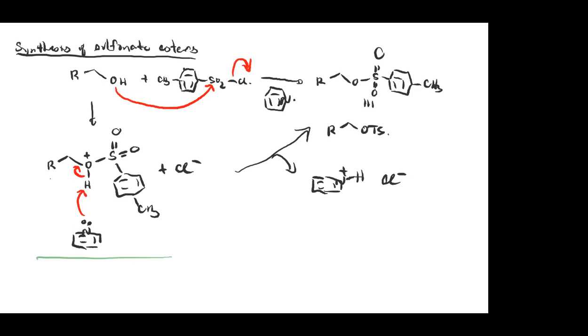And what is the second pathway that you have? That's just showing the byproduct is going to be the pyridinium HCl. Oh, okay. Thank you. We could just redraw it like this. Okay.